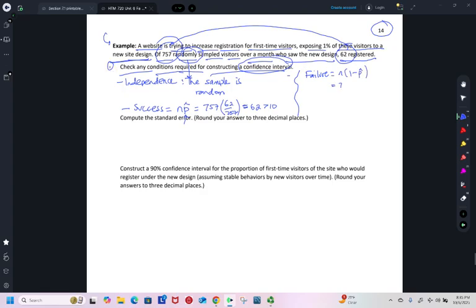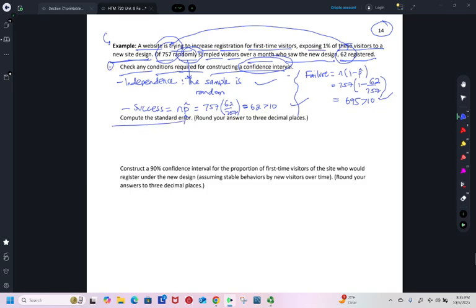That will be 757 times 1 minus 62 out of 757. So that will give us 695, which is also greater than 10. So since all these conditions check out, we can use the normal distribution as a reasonable model for the sampling distribution of the sample proportion.